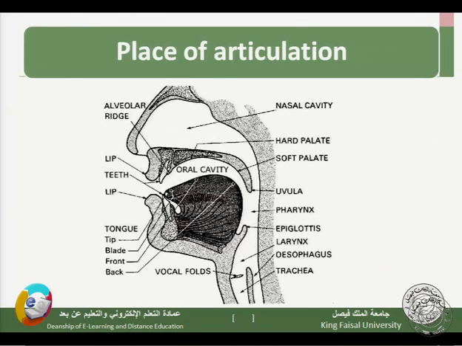On this picture you can see the side view of a head. What you see are the places of articulation, the different places where the sounds are produced. These are the different parts, the speech organs.